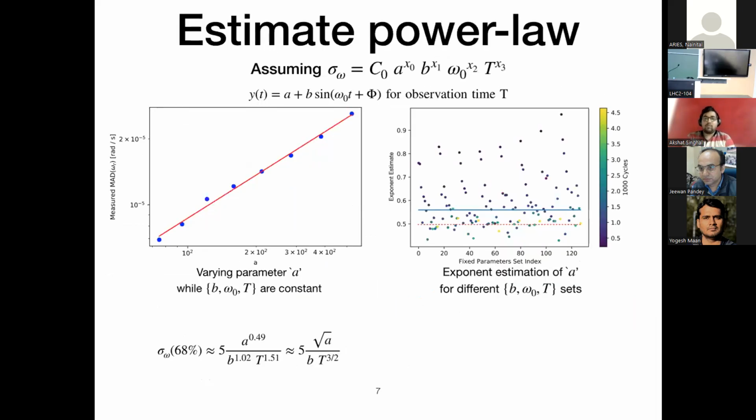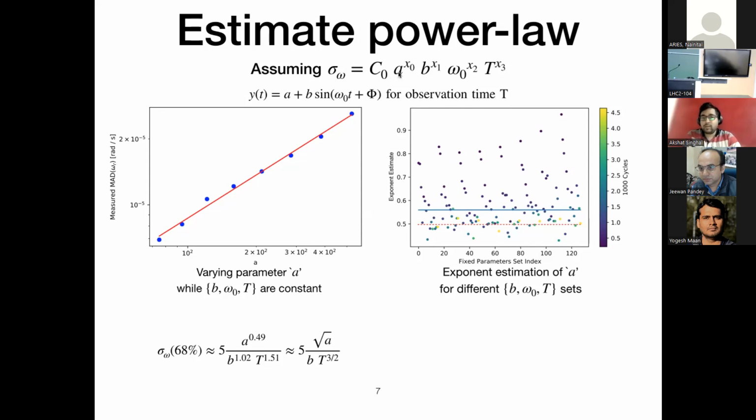Yes, now armed with this way of defining error, let's see how it behaves when we fine tune our input parameters A, B, omega, t. Our signal looks like A plus B sin omega t, just as a refresher, and we observe it for an observation time t.